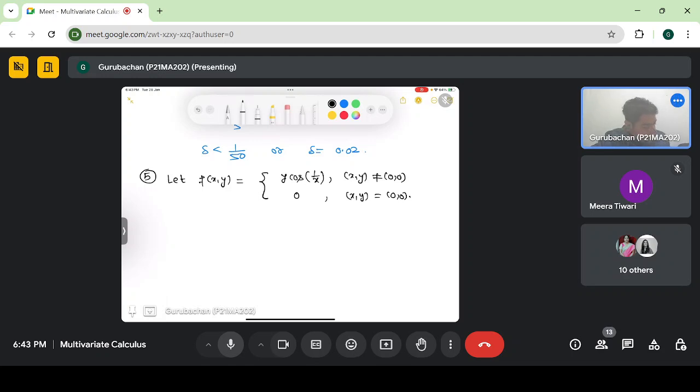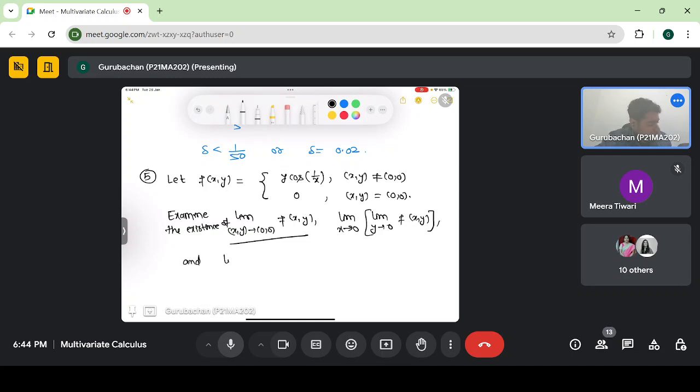Now tell me, examine the existence of the limit as (x,y) tends to (0,0) of f(x,y), which is the double limit, and the iterated limits: limit as x tends to 0, limit as y tends to 0 of f(x,y), and limit as y tends to 0, limit as x tends to 0 of f(x,y). So examine the existence of these three limits.